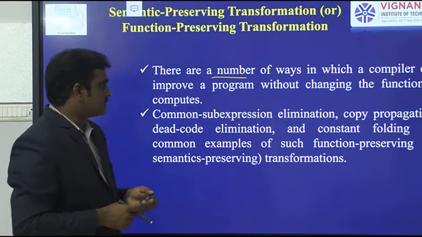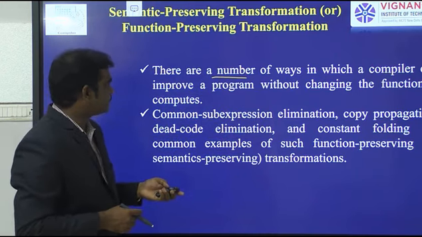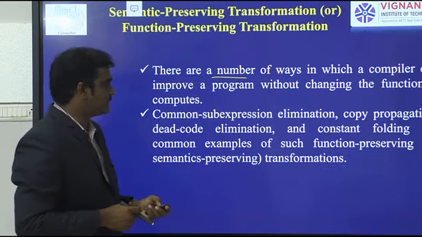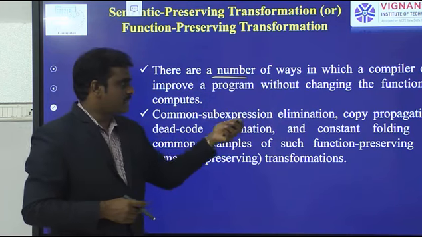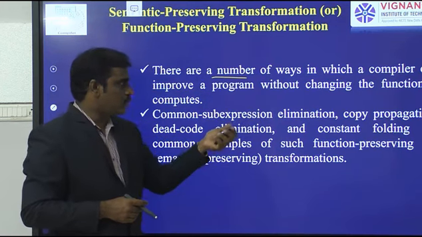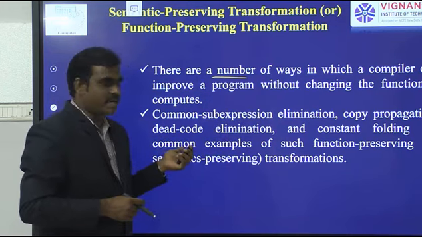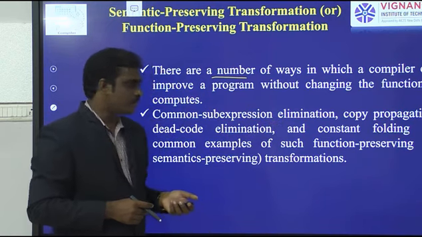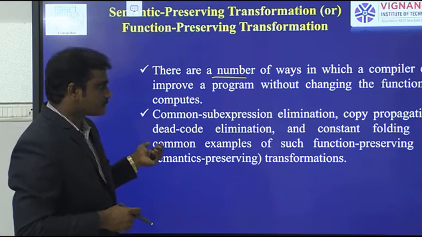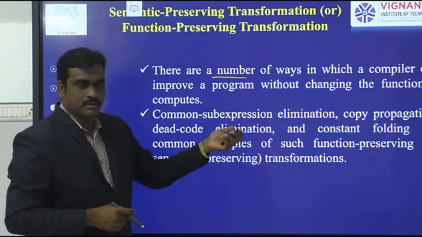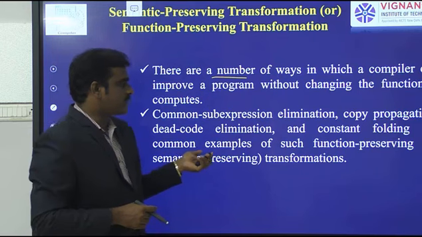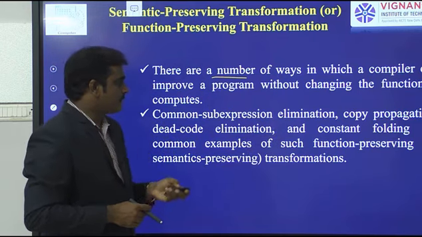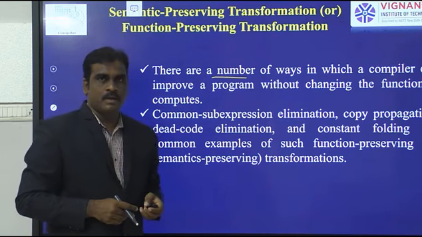Just now I have already mentioned that these come under semantic preserving transformations. One is common sub-expression elimination, second is copy propagation, third is dead code elimination, fourth is constant folding. These are common examples of function preserving transformations. Now we will see them one by one.